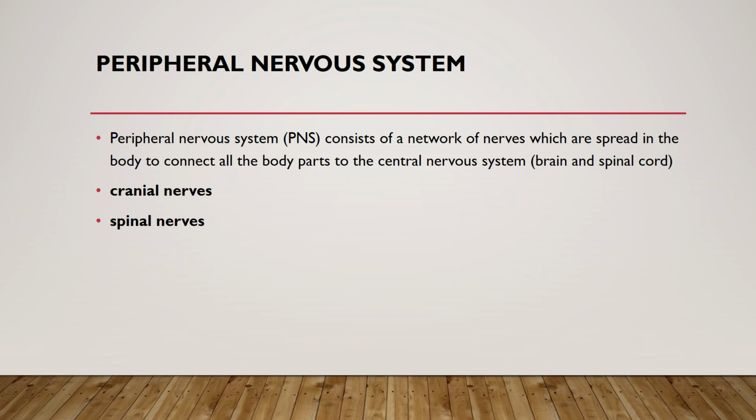Here we discuss the two nerves, cranial nerves and the spinal nerves. The nerves which arise from the brain are called cranial nerves. The nerves which arise from the spinal cord are called spinal nerves. There are 12 pairs of cranial nerves and 31 pairs of spinal nerves in the human body.